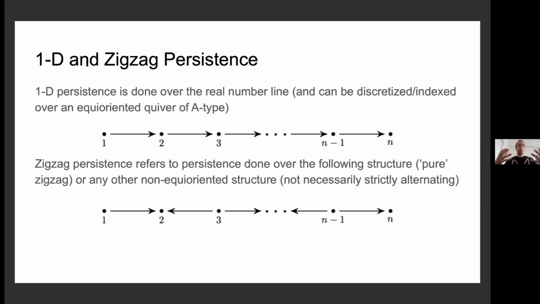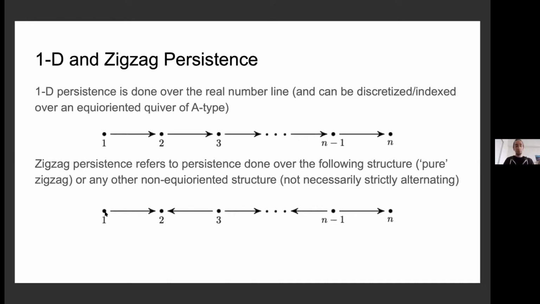Homology gets applied, and you wind up having this vector space object indexed over the real number line, or that can be discretized to a totally ordered finite poset, which turns out to be equivalent to a quiver of A_n type that is equioriented. So I'm sort of coming at this from the quiver theory and the algebraic topology sides at the same time.